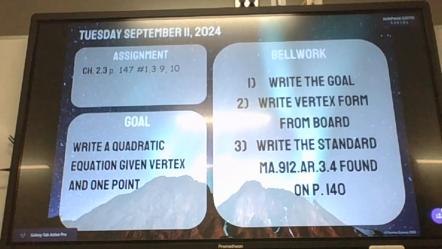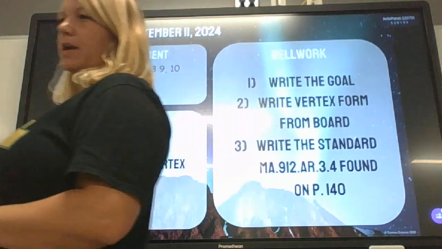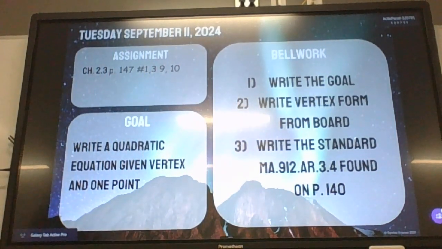And I guess that's it. So everybody's got their books open to page 140. You've written down the standard on page 140. So I can jump there. Read it really quick. What's the standard you wrote down on page 140?